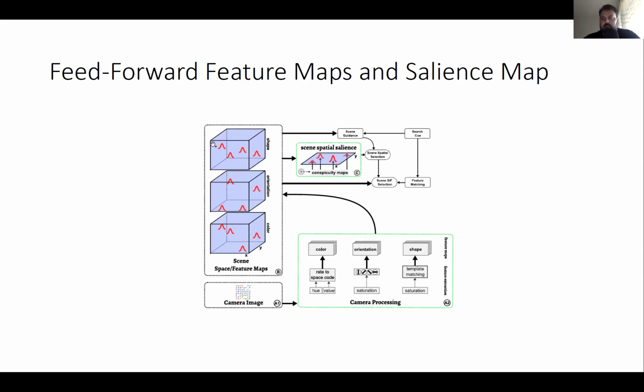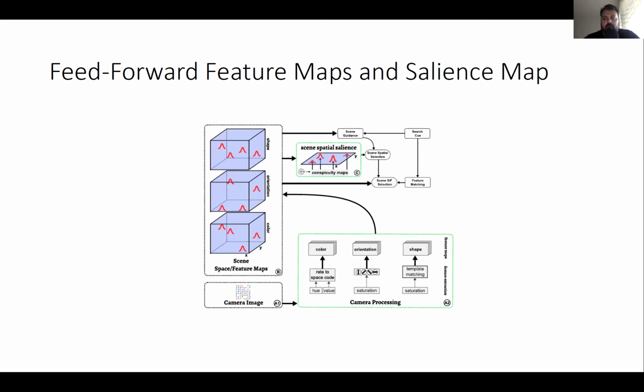Previously it was only a linear transformation, but now we have a projection kernel, which is a center surround filter that has an excitatory kernel and an inhibitory center surround band.